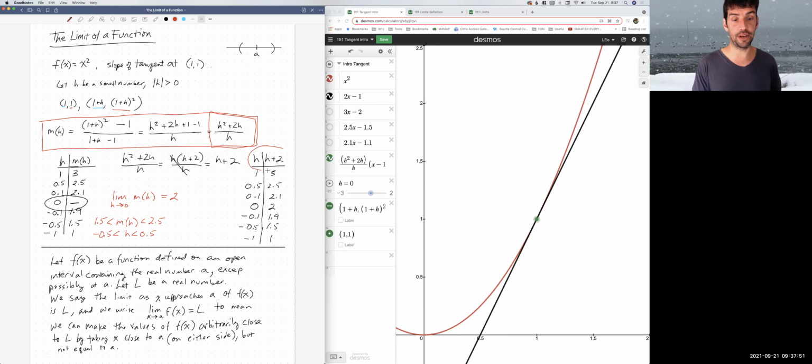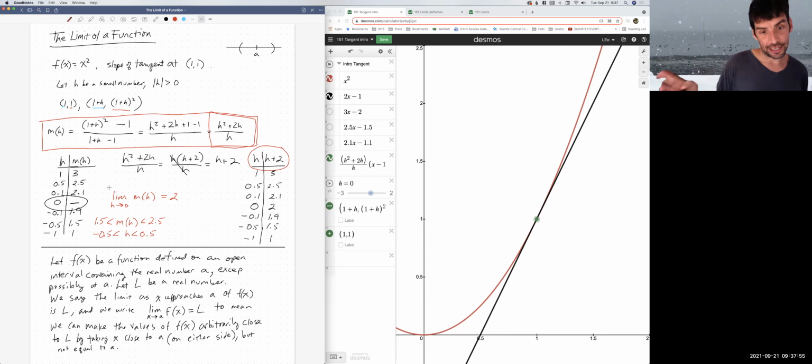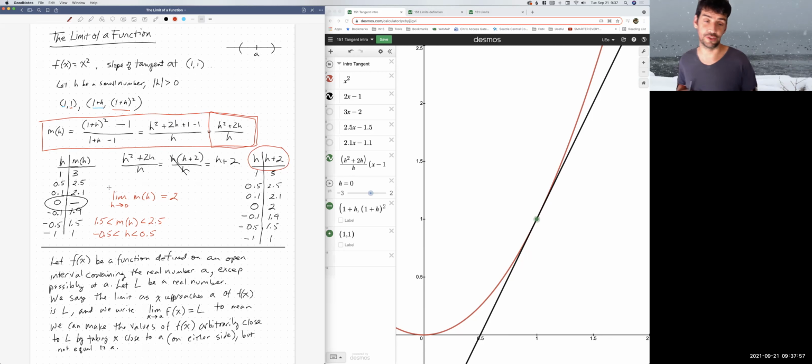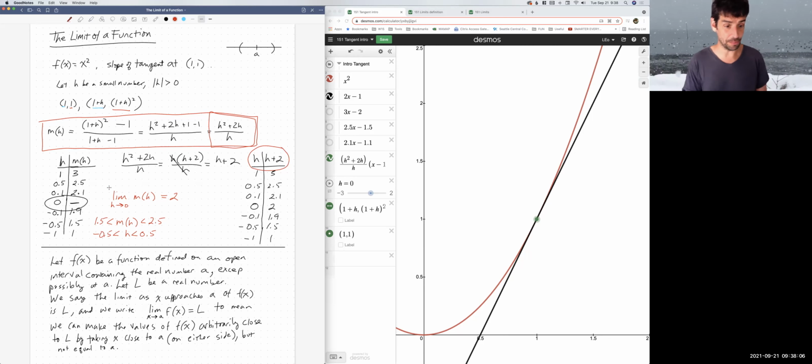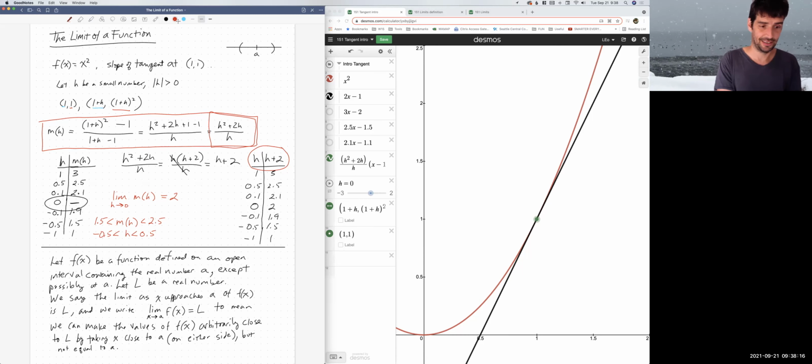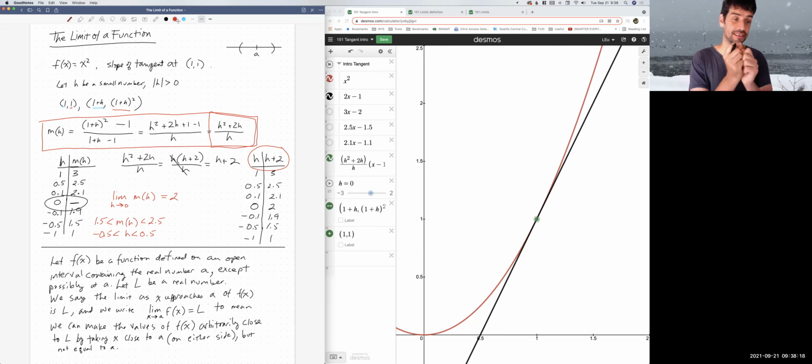Notice this is an easy way to compute it, looking at this nearly equivalent function, h plus 2. Those are the same functions except at 0. They're exactly the same except at one place. But notice the definition of limits doesn't care about what happens at the place we're taking the limit, in this case at 0.